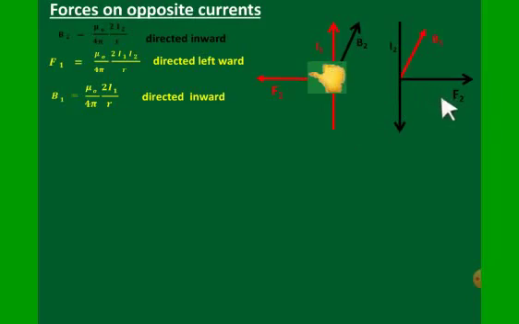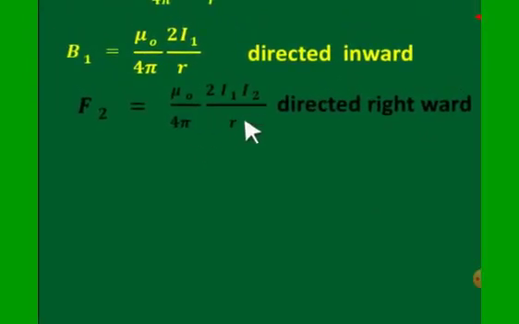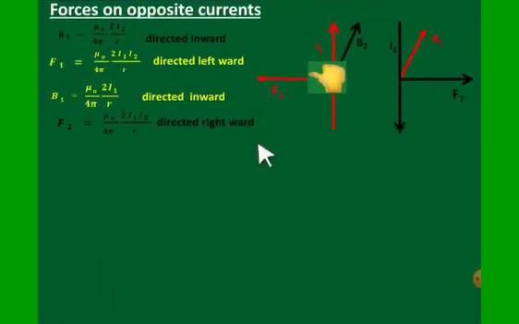Now the force experienced by this conductor, shown in black, will be F1 equal to mu naught by 4 pi, twice I1 I2 by R. This is just IL cross B, where IL is I2 times L and B is this portion. Clear? And it will be directed toward the right side.